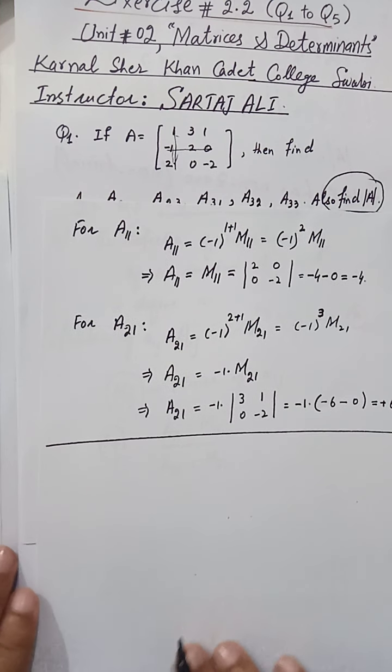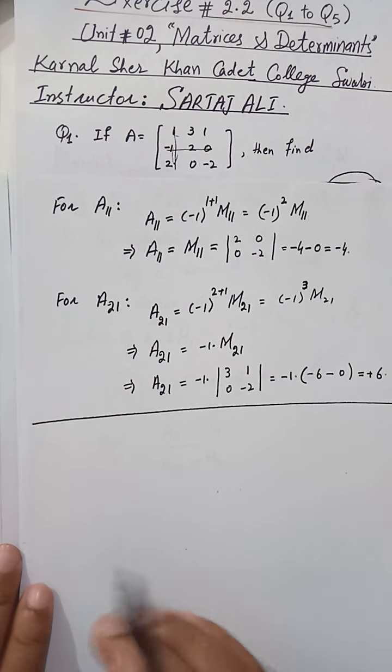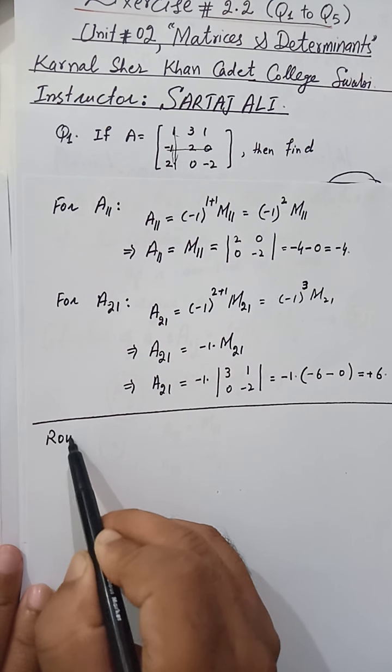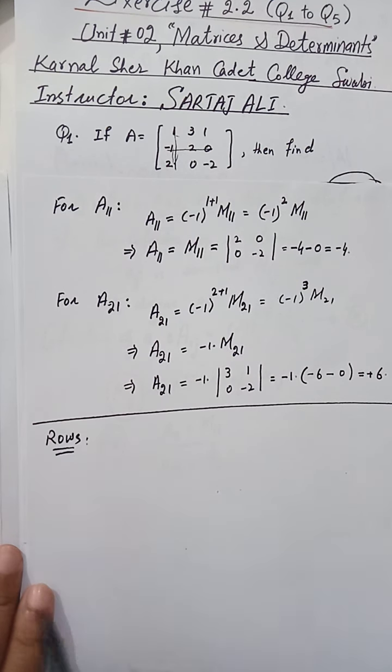If you are interested to find the determinant of the given matrix by using rows, then in general the formula for a 3 by 3 matrix is: the determinant of A equals a_i1 A_i1, where small a_i1 is the element of the matrix present in the ith row and first column, and capital A_i1 is the cofactor attached to that element, in multiplication form, plus a_i2 A_i2 plus a_i3 A_i3.